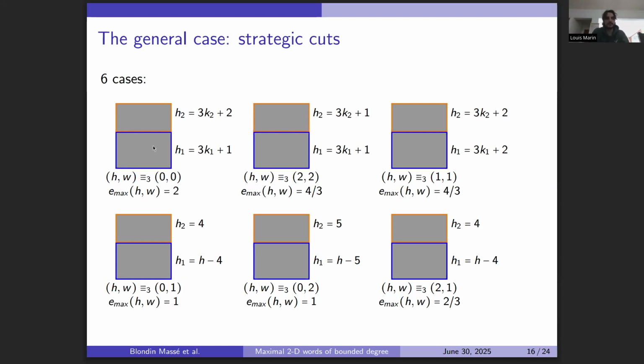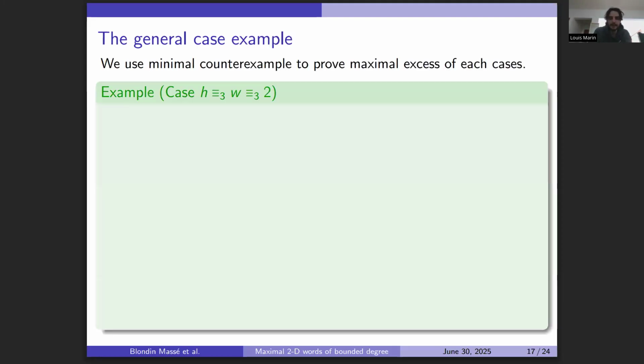All 6 cases are different, but they do not depend on the height or the width. They only depend on the congruence. So maybe we can see an example, with both H and W equal to 2 modulo 3.